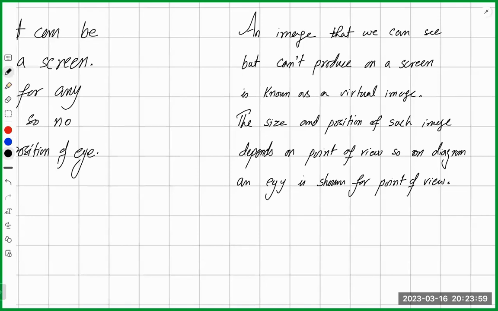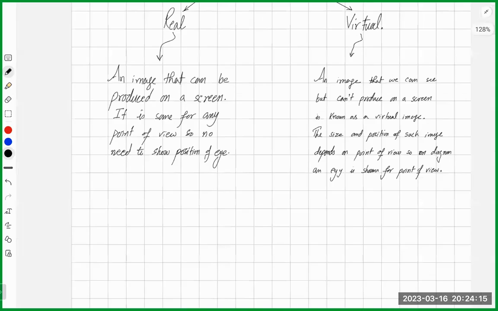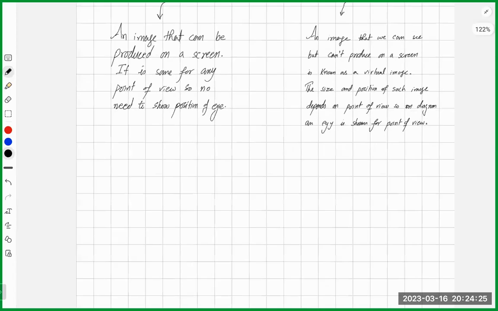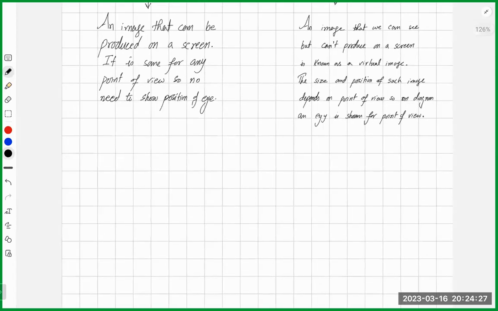That is not the story with an image in a mirror. So, real image and virtual image. A real image can be produced on a screen, and is the same for all points of view. A virtual image is something that we can see but cannot produce on a screen, and that image is known as a virtual image.